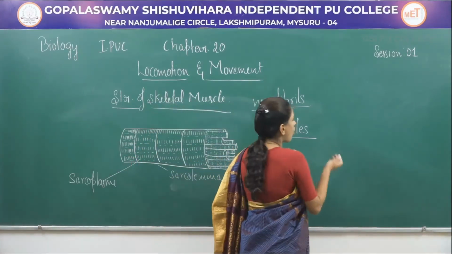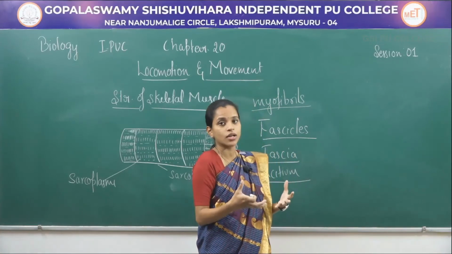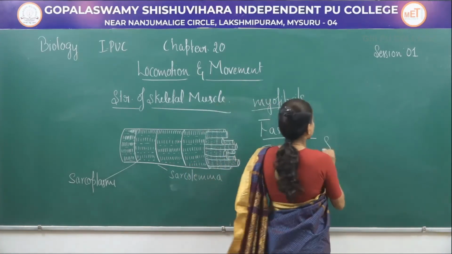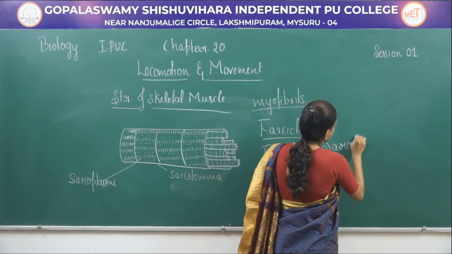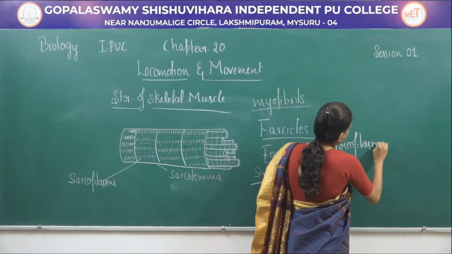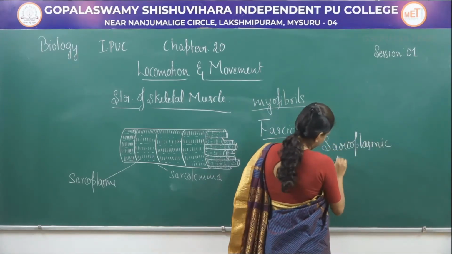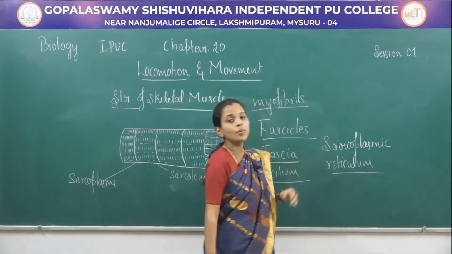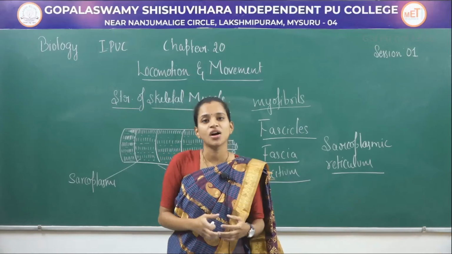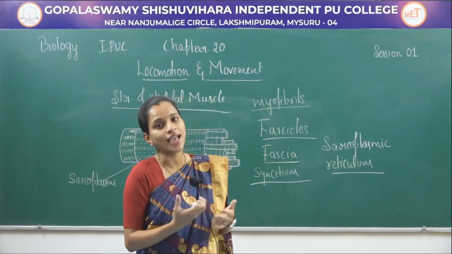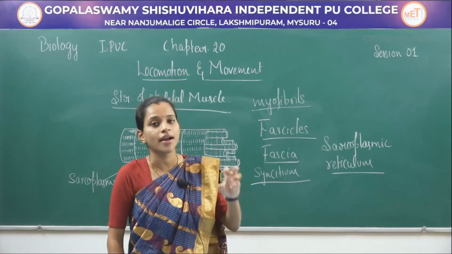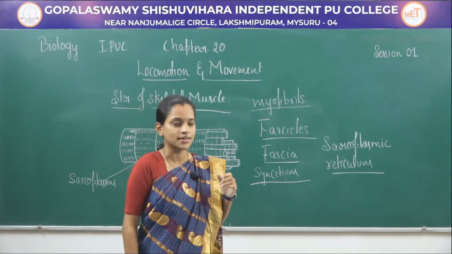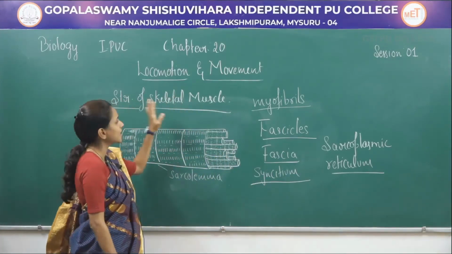Like in a normal cell we have endoplasmic reticulum, but here it contains sarcoplasmic reticulum. The sarcoplasmic reticulum has the function of storing the calcium ions, which helps during contraction and relaxation of muscles. So, that is about the skeletal muscles.